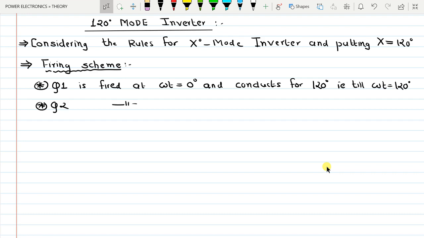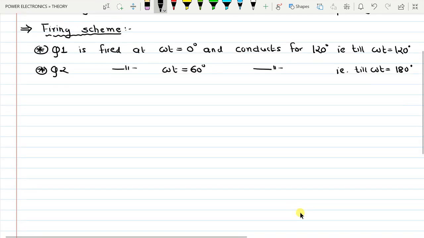Q2 is fired at omega t equal to 60 degrees and conducts for 120 degrees, that is till omega t equal to 60 plus 120 as 180 degrees.